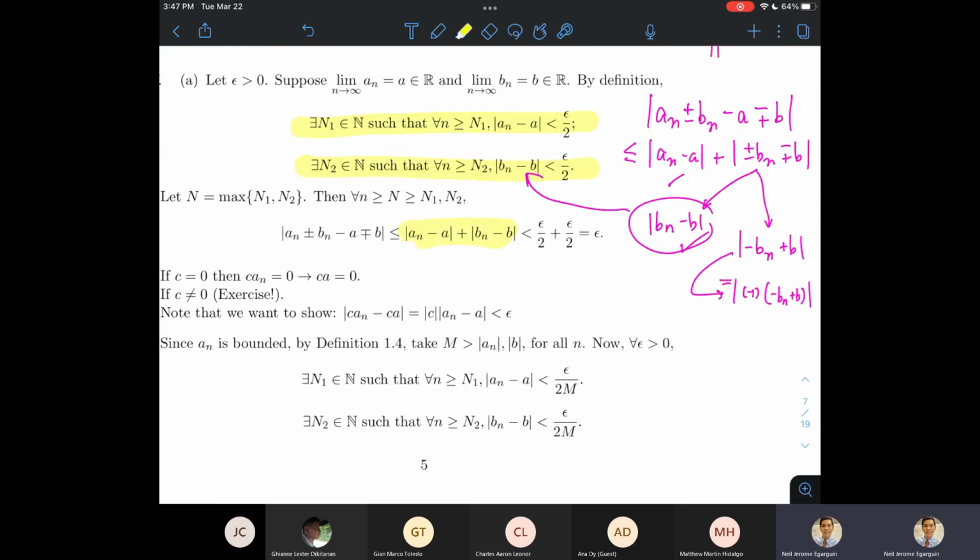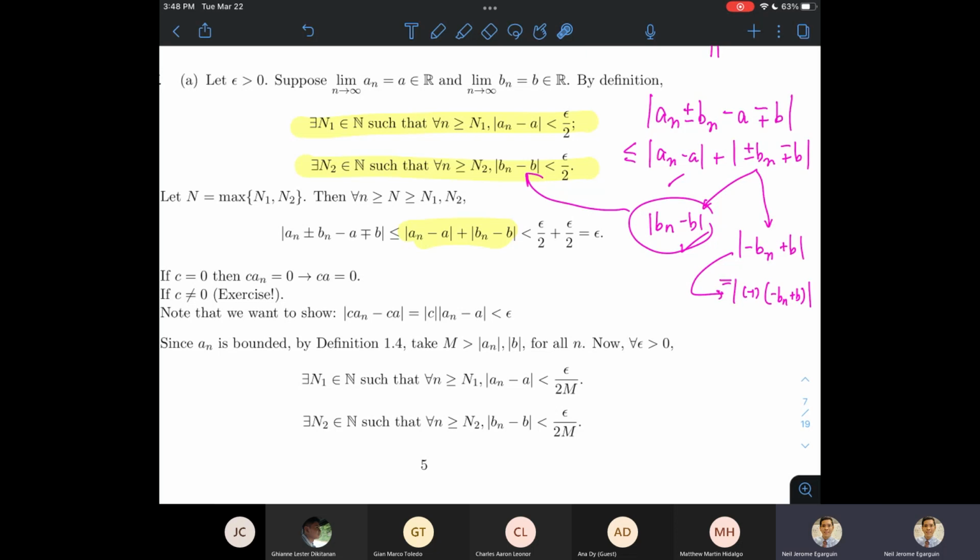And again, I want to guarantee that these two guys are true at the same time because here I need to use the fact that they are both less than epsilon over 2. And we learned earlier that we can guarantee the satisfaction of these two inequalities by choosing capital N to be the larger between N1 and N2. Or pwede rin yung sinuggest kanina ni Charles na piliin ko si capital N to be N1 plus N2.